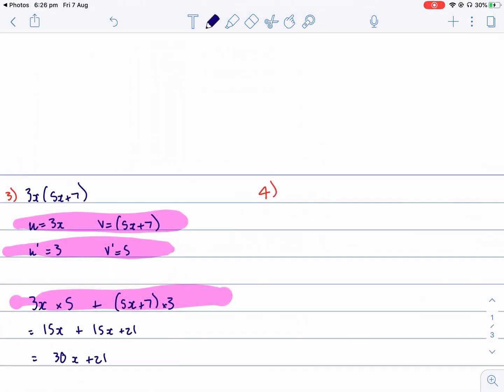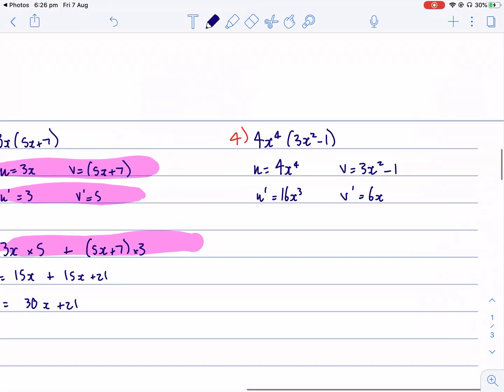And question 4, we've got 4x to the 4 times 3x squared take 1. So u is 4x to the 4, u dash is 16x cubed, v is 3x squared take 1, v dash is 6x, which means I'm going to have 4x to the 4 times 6x plus 3x squared take 1 times 16x cubed.